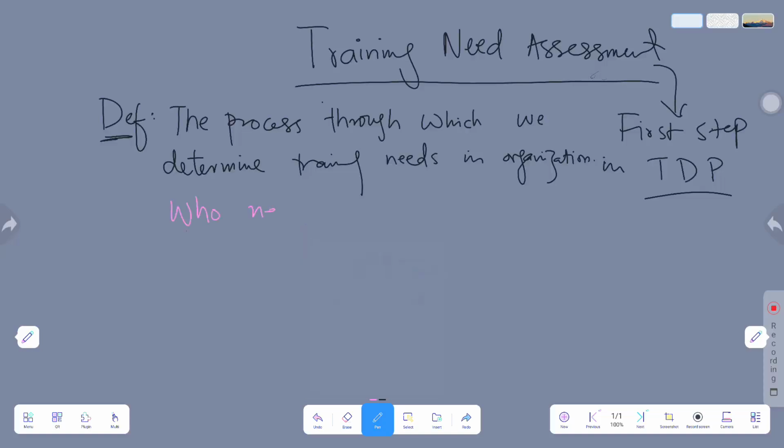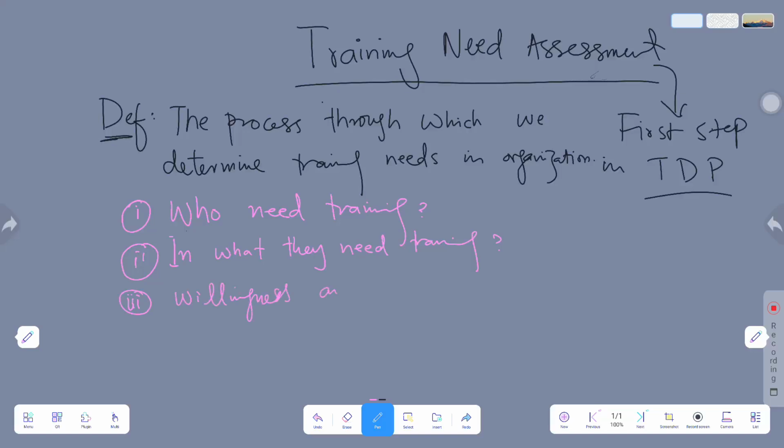Number one, who needs training, and what they need training in, and third is the willingness and ability of trainees.